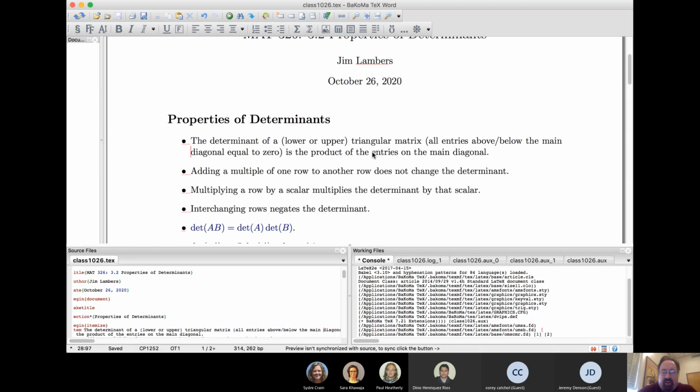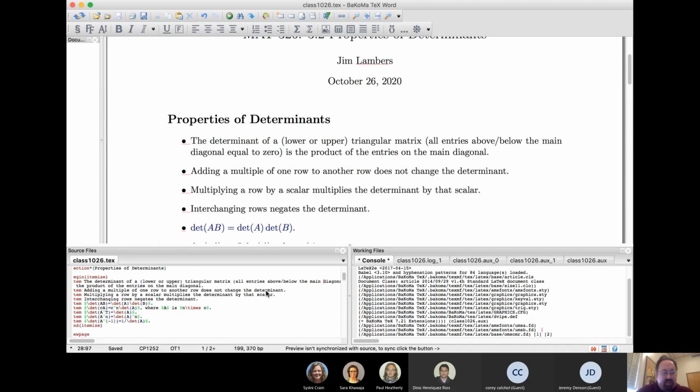In that case, if you perform row operations to get it to echelon form and then take a product of all the diagonal entries, that's actually a lot more efficient way of obtaining the determinant than the way I've shown you by using a cofactor expansion along a row or column. So in fact, I'll make a comment about that.